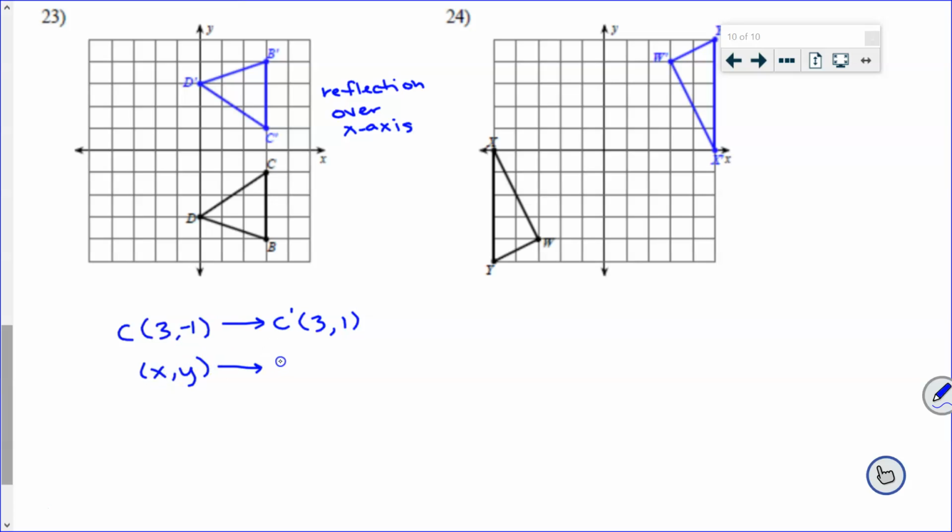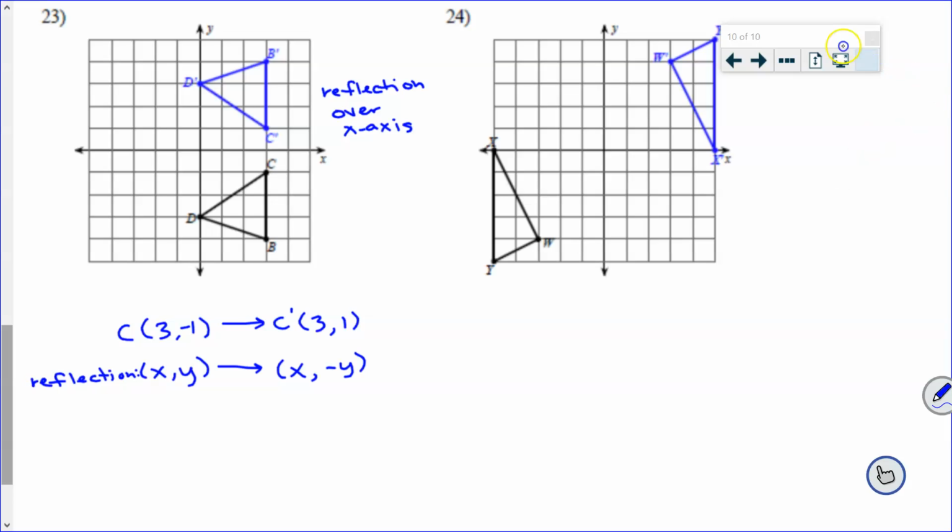No, so X is going to change to X itself, no change. But Y is going to go to its opposite. Again, was that hard? No. This is not fully complete. Let's also fix it and say this is a reflection. Just put that at the beginning. Not too bad overall, right?